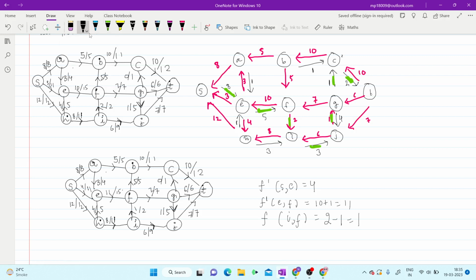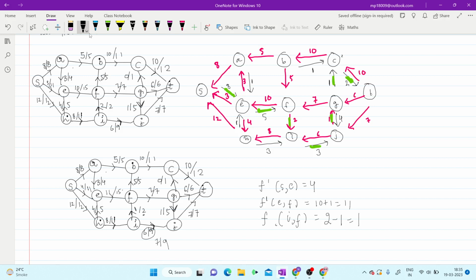We cannot add 1 to this edge either, because the capacity is 2, and it cannot have a flow value bigger than 2. Now the next edge is IJ, which is in the same direction, so we'll add 1, it is 7.